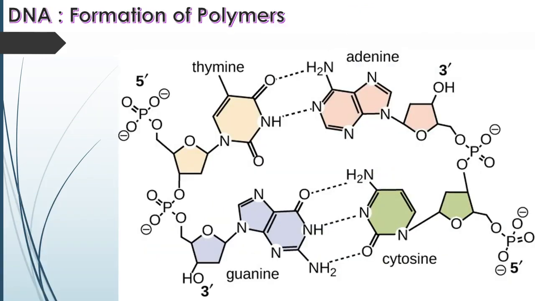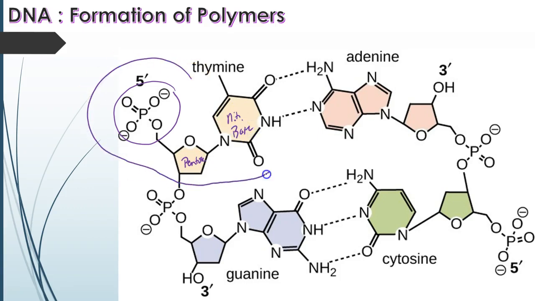Okay, so now I'm zooming out a little bit further, so notice that we started this discussion talking about the actual nucleotide, which you can see here. Remember, we have a phosphate, a pentose, and a nitrogenous base. Okay, so this whole thing right here would be a nucleotide.